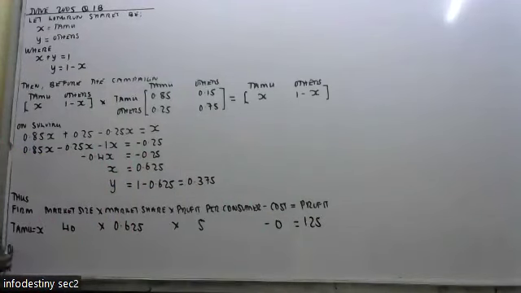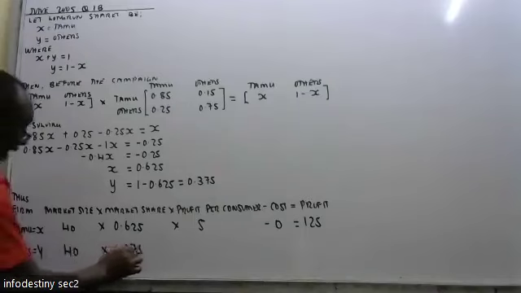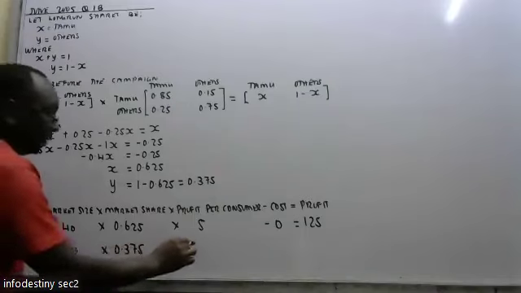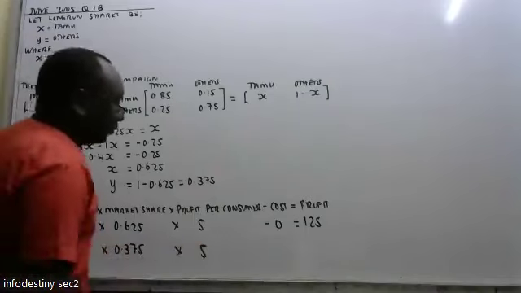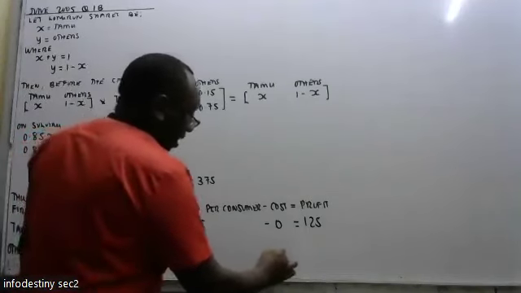Then for the others, represented by Y, the market size is still 40, the market share is 0.375, multiplied by the profit per customer, which is 5, minus 0.